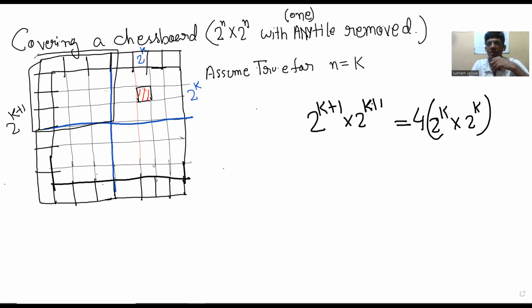And what we have proved is, if you remove one from each of them, then you can tile them. If you remove one from this, one from this, then you can tile them by induction.